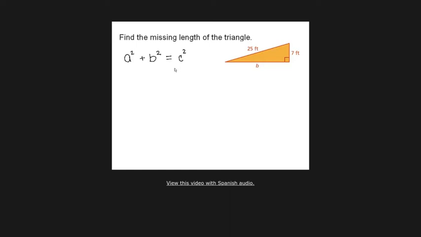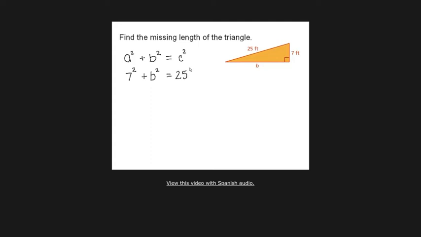So what we'll do to find B is substitute in the values for the hypotenuse and the leg A. So we have A is 7 feet, so we have 7 squared, plus our other leg is B, so we leave that as our variable and have B squared. Then we need the hypotenuse, which is 25 feet.